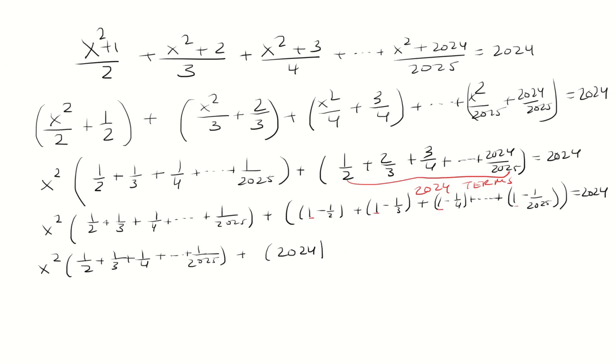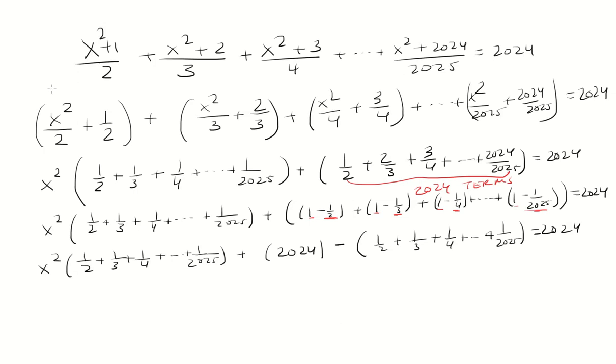Now, if we look at this, negative 1 half, negative 1/3, negative 1/4, all the way to negative 1 over 2025, I can factor out a negative and then in parentheses put 1 half, 1/3, etc. And that's going to equal 2024.